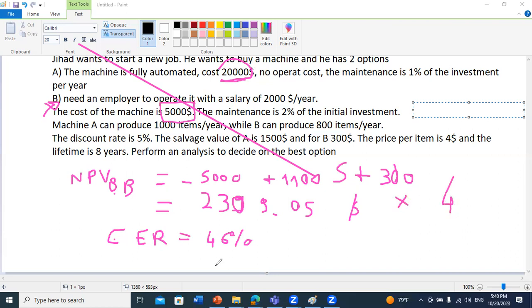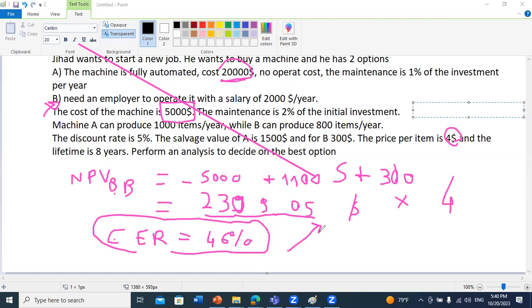This is why I care for the percentage of gain, because if I have a larger investment, I can buy more machines, and therefore my NPV will be 4 times 2,309, which is larger than the benefit I obtained from option A. Okay, so since CER is larger, and this CER was just for a price of $4, if I increase the price to 4.2, I can increase the CER much more.